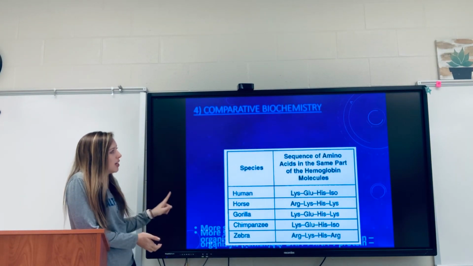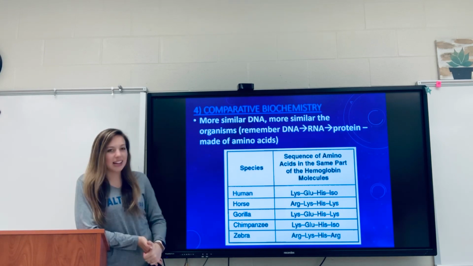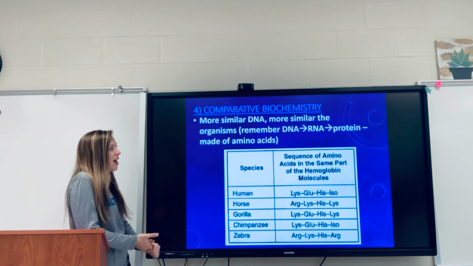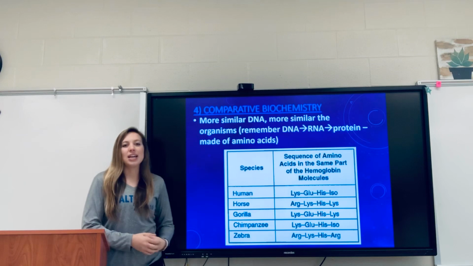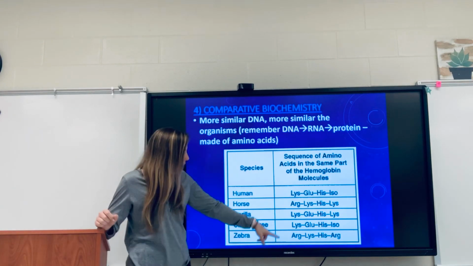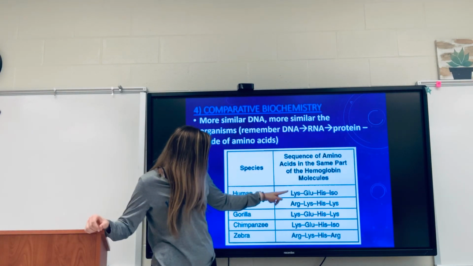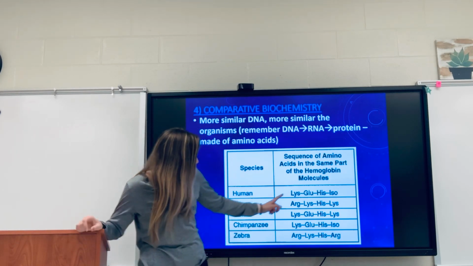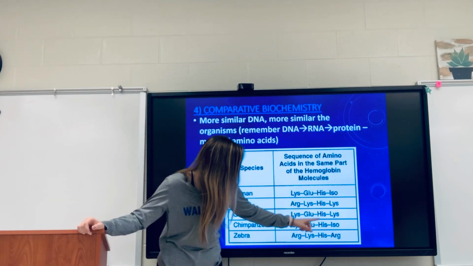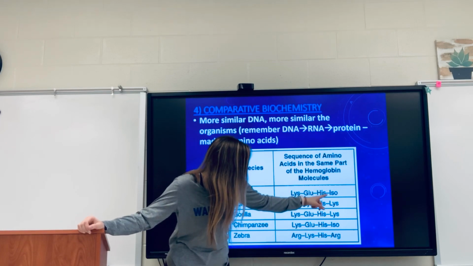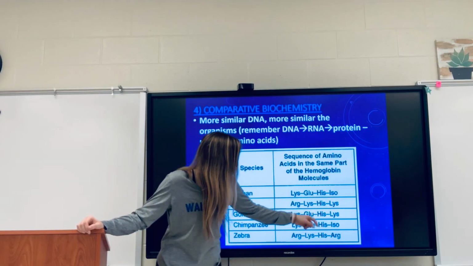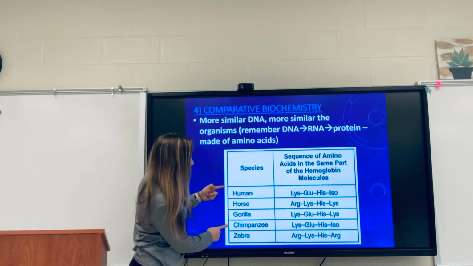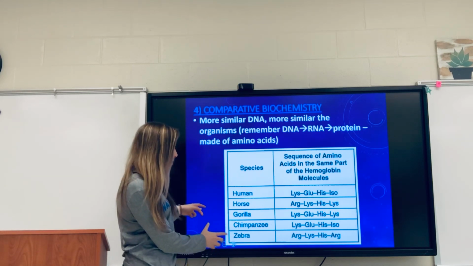Comparative biochemistry, my favorite thing, DNA. So more similar DNA, more similar the organism. If we compare here and you see these, and we have a human, gorilla, and chimpanzee. Then we go to the next one. So we are seeing that the human and the chimpanzee would be the most similar out of these things.